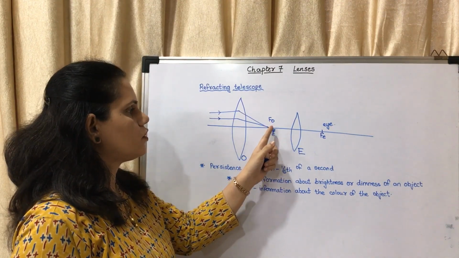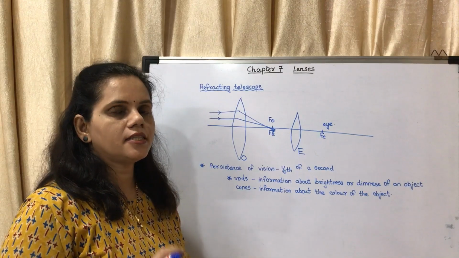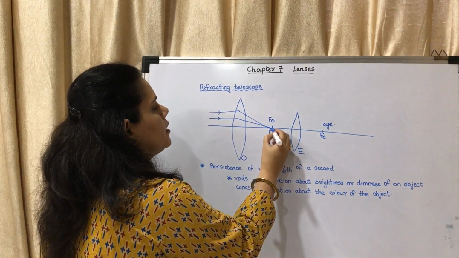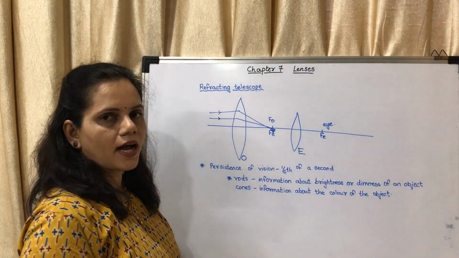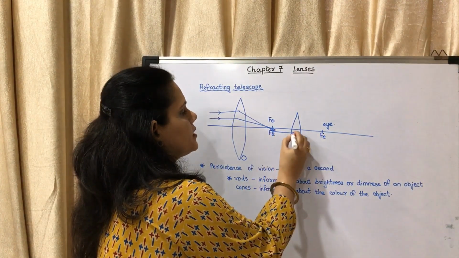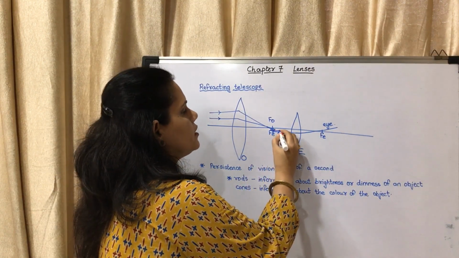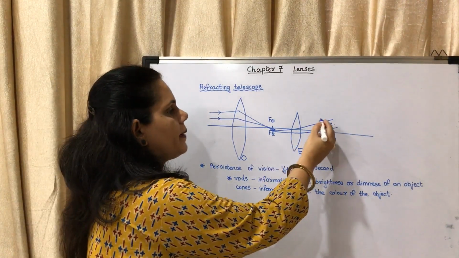This is the focus of the objective also, the focus of the eyepiece also. They are adjusted so that it is at the same point. And this image will act as an object for the eyepiece. The ray which is passing parallel to the principal axis passes through the focus. The ray which is passing through the optical center goes straight.